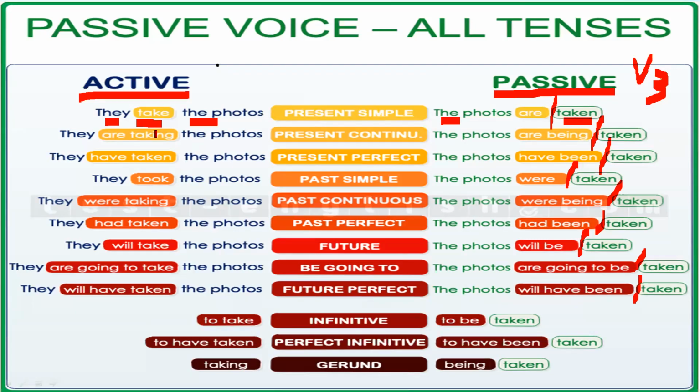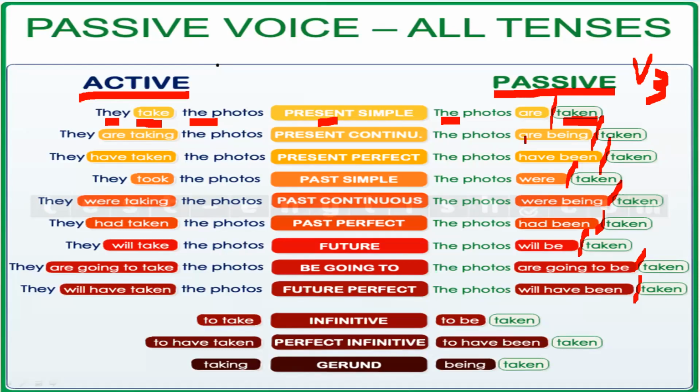Take, this is the main verb, directly convert the main verb to V3. How to write the tense mentioned in the active form in the passive sentence without the main verb? Just write the auxiliary or the helping verb of its tense.